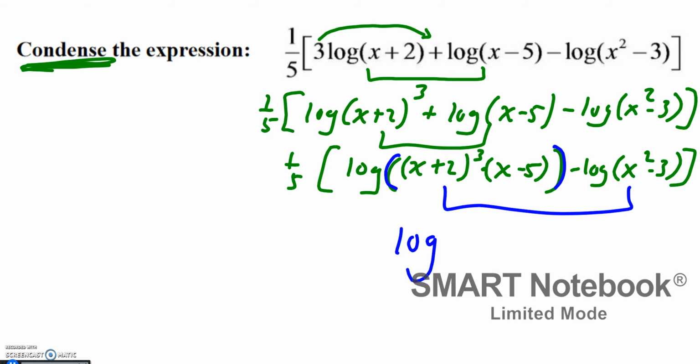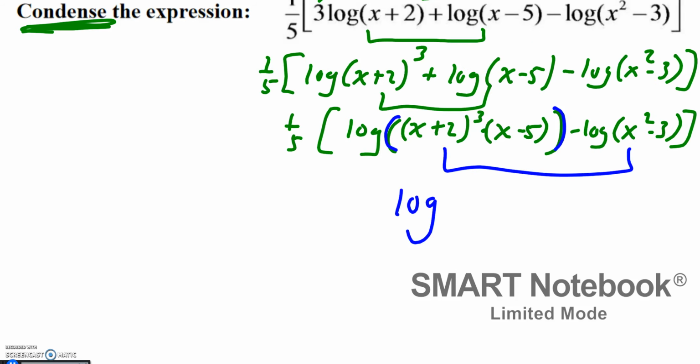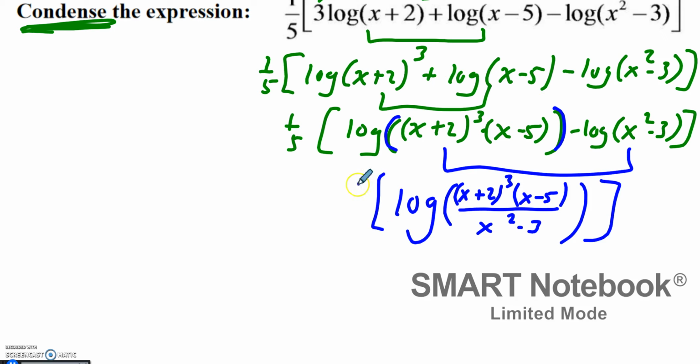And again, if you think back to your rules, if you have two separate logs being subtracted, that's the same as a single log of the two things being divided. So if you go back to that problem we were working on, we can write this as log of the first argument, which was (x plus 2) to the third times (x minus 5), divided by the second argument, which is x squared minus 3. So now we went from 3 separate logs to a single log, and all of this still has the 1/5 on the outside.